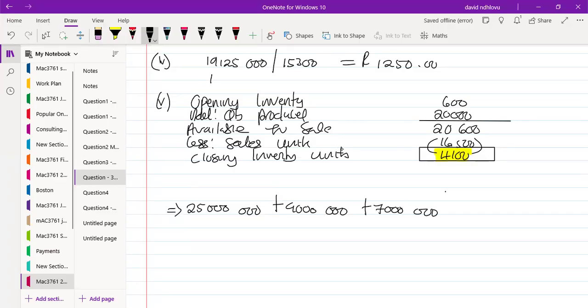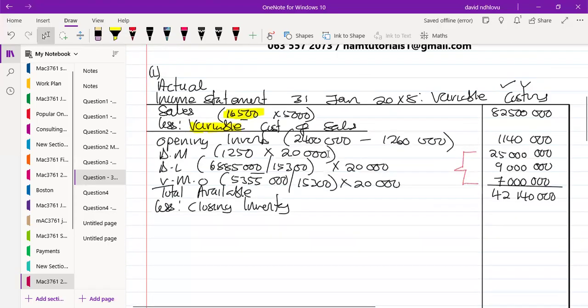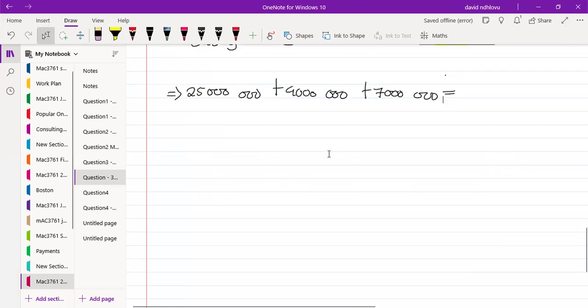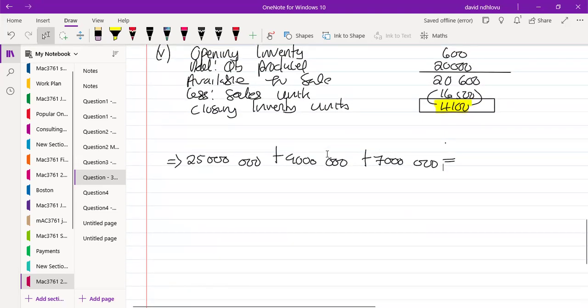Right, this is going to give us a figure. Right, let's verify. Yeah, that's 25,000. So we have left out the opening inventory there. So we say 25 million plus 9 million plus 7,000.